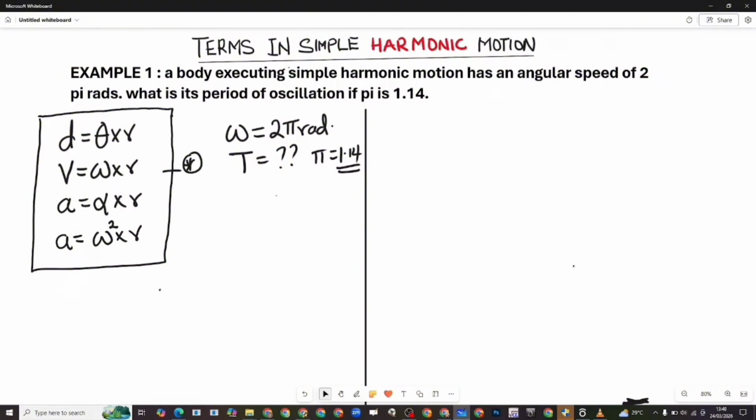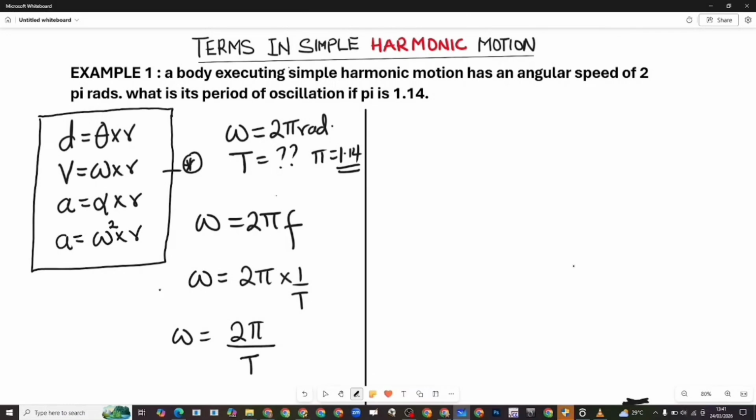Remember we're talking about our formula. We said our angular velocity is 2 times pi times the frequency. Since frequency is 1 over period, it is also equal to 2 times pi times 1 over T, which is our period. If we multiply that, our angular velocity is going to be 2 pi over the period. Since we're asked to look for the period, we can just cross multiply, making it over 1.